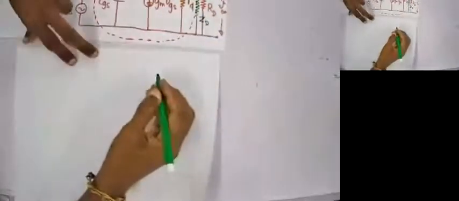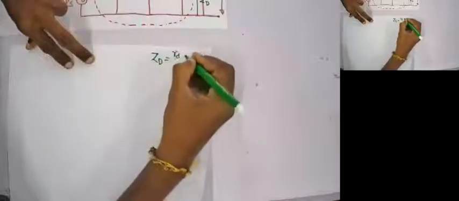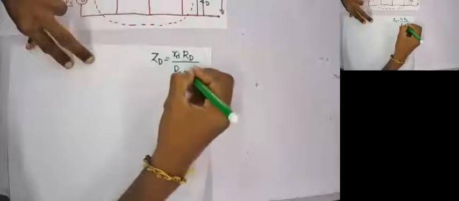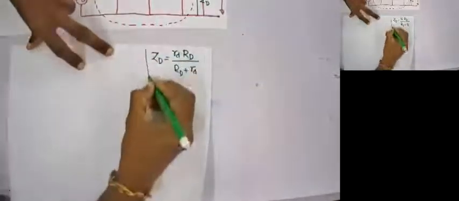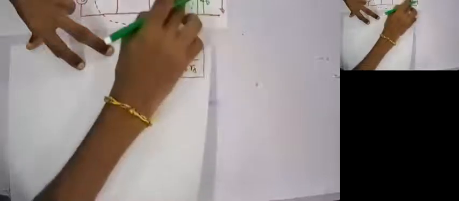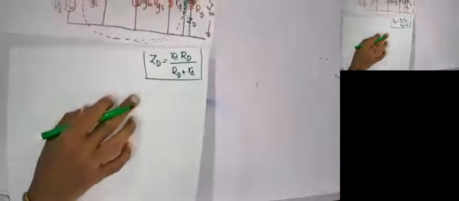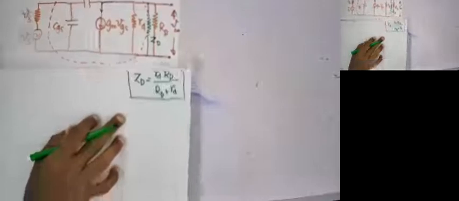So now I can write that ZD is equal to RD divided by RD plus RD. Am I right? Instead of having these two resistors, I have one single resistor, right?